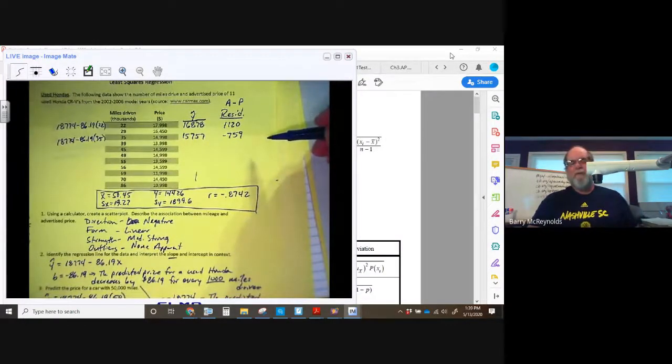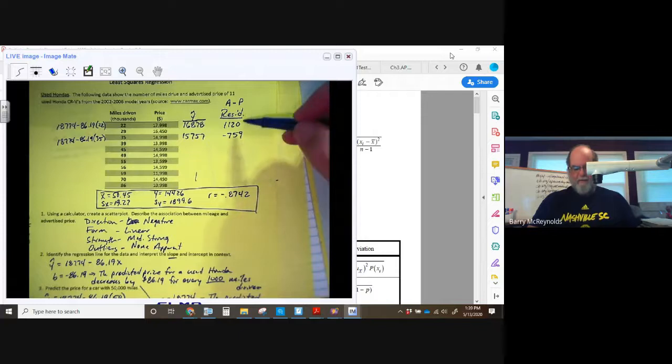Or when we talked about confidence intervals, we said that these were reasonable values or plausible values for p hat or x bar.